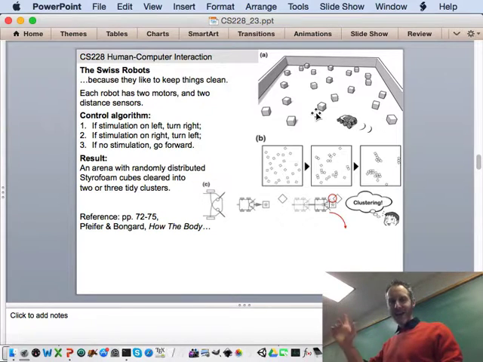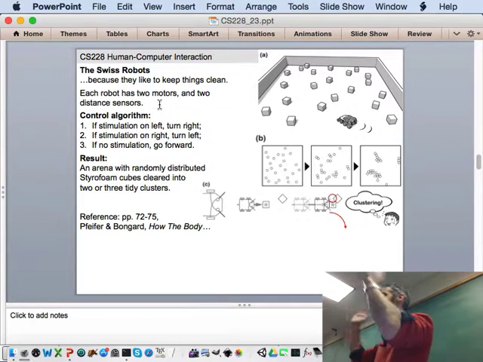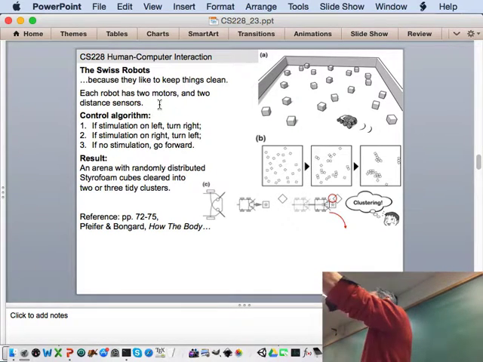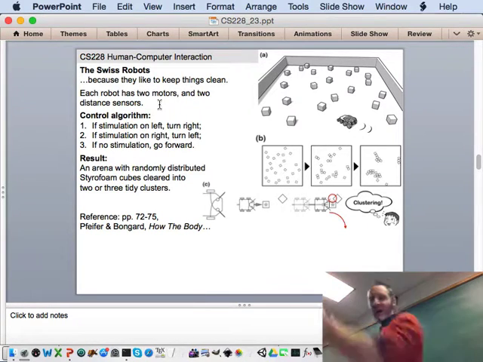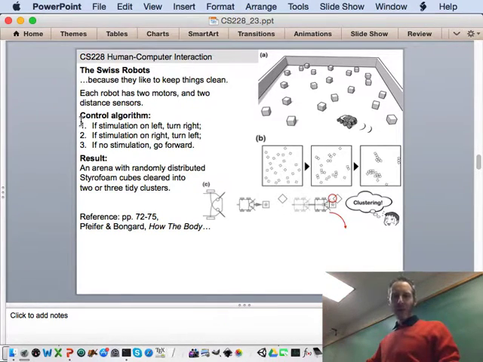Each robot, like Braitenberg vehicles, had 2 motors, and in this case 2 distance sensors, so they could see if there was a wall or another Swiss robot or a cube nearby. The control algorithm also looks quite a bit like a Braitenberg vehicle. If there's stimulation on the left, so if there's something on my left, turn to the right.